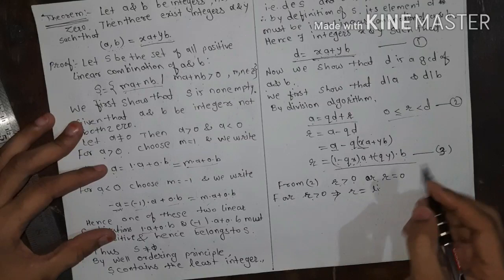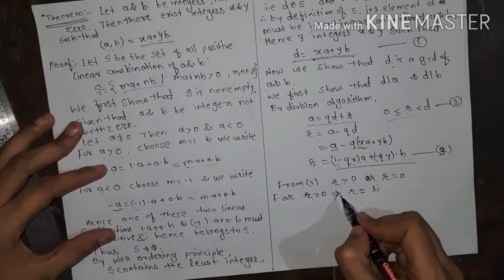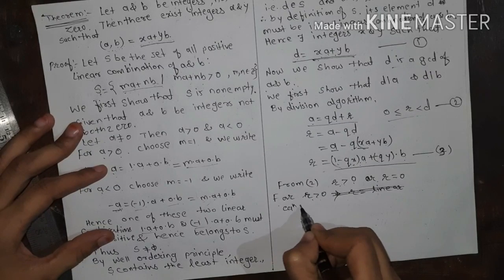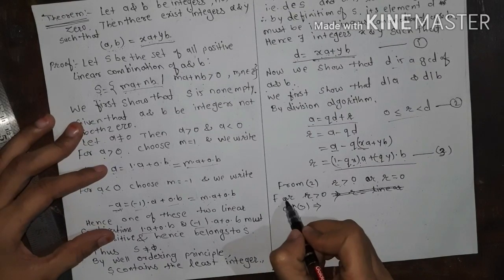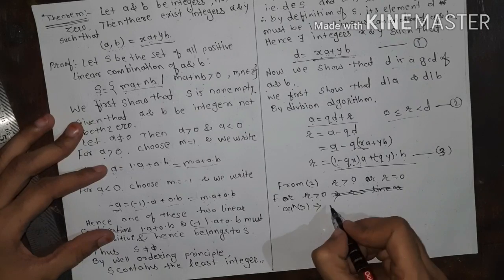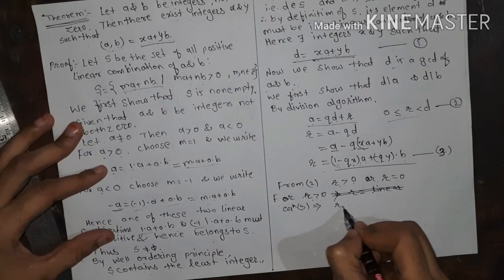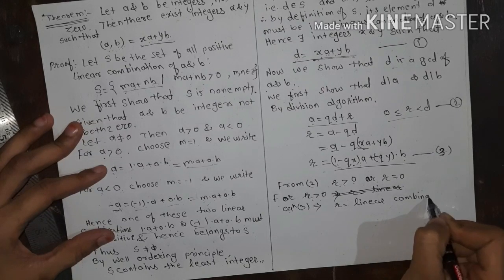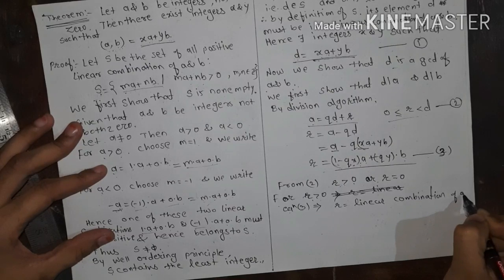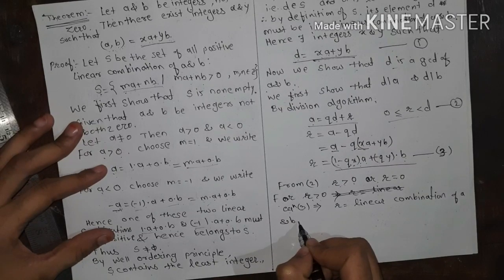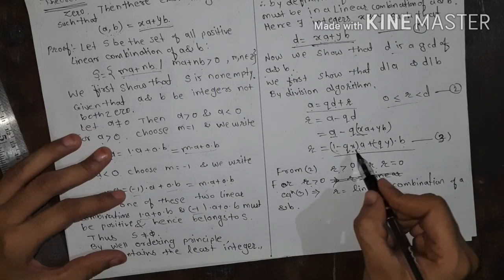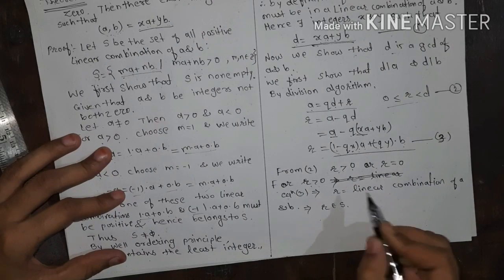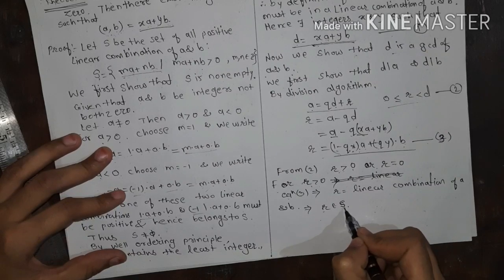So equation 3 implies r is a linear combination of a and b, and therefore this implies r belongs to S. By definition of S, r is an element of S.